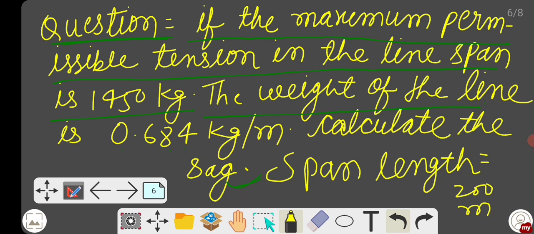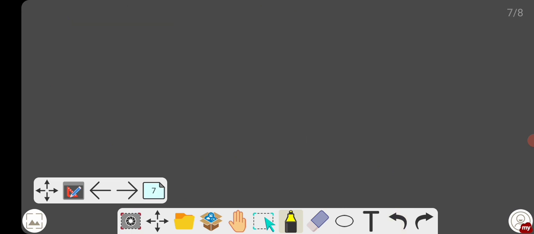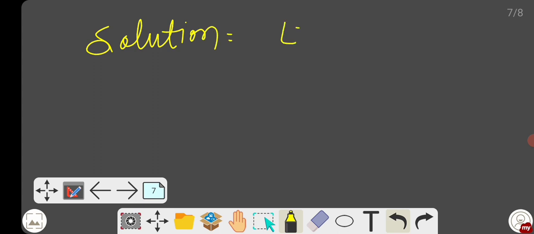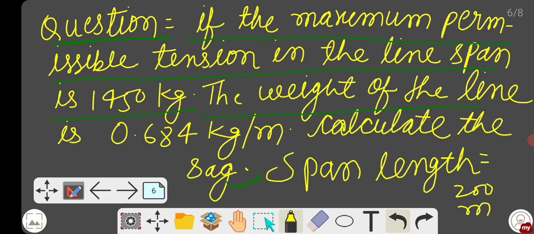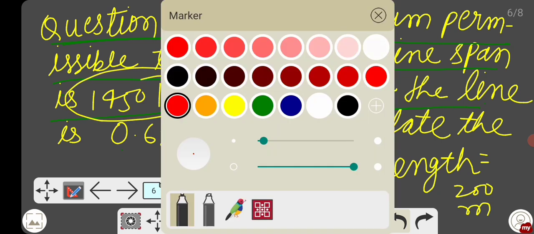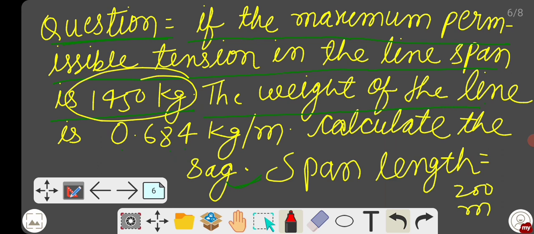Now from here we can write the value of L given is 200 meter, and the value of tension is 1450 kg.